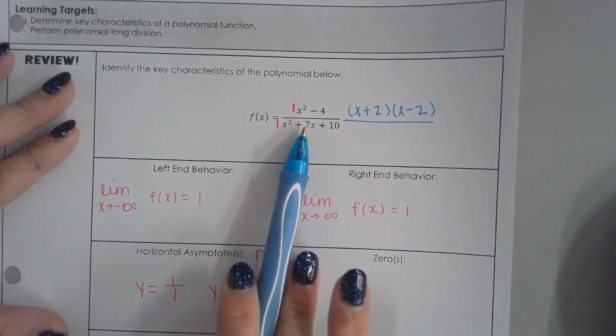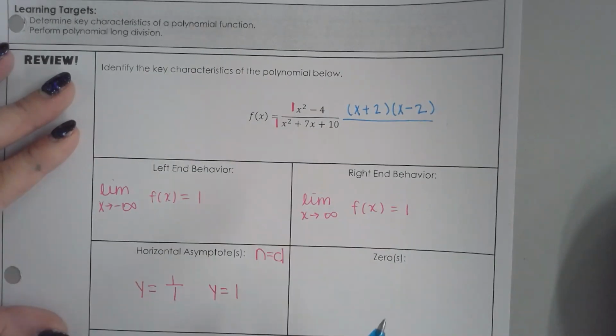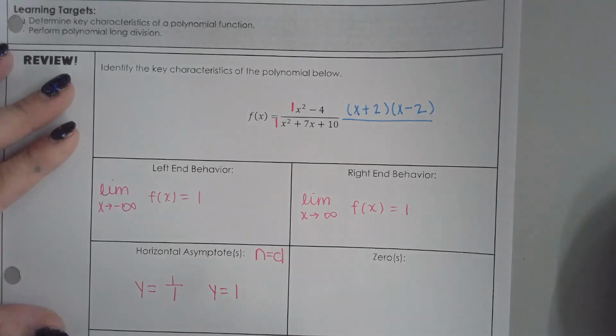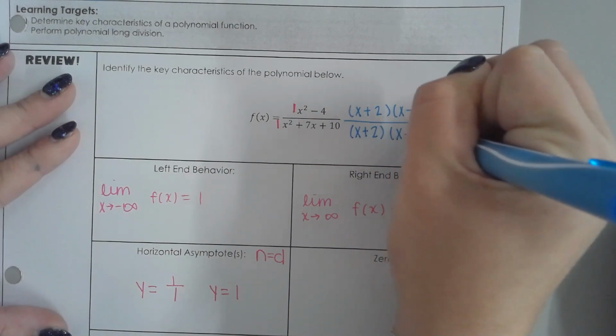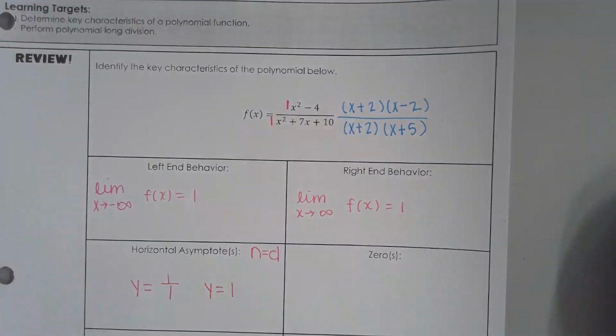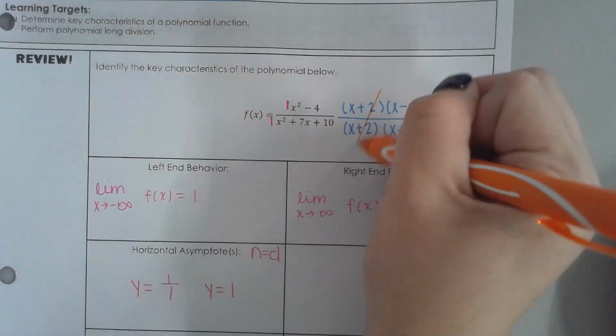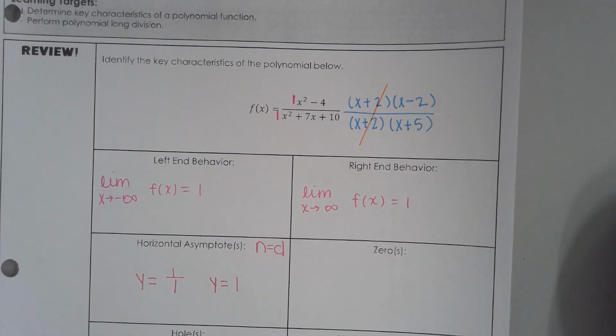That multiply and add to 2 and 5. x plus 2, x plus 5. So I know that the x plus 2's cancel.